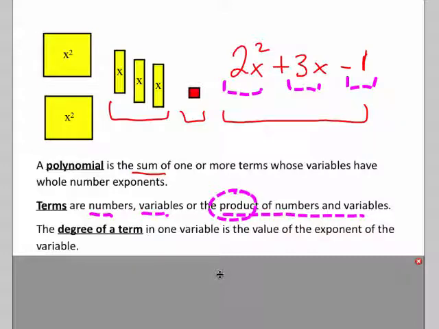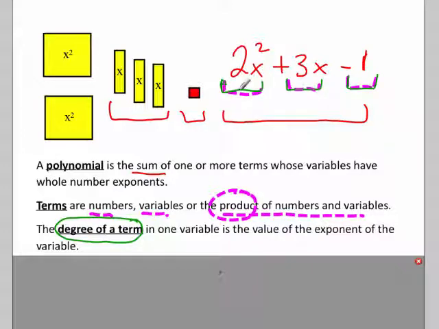The next term we have here is the degree of a term. We have 3 terms in our polynomial, and what we mean by the degree of a term in one variable, so we have our polynomial in terms of x, one variable, is the value of the exponent of the variable.